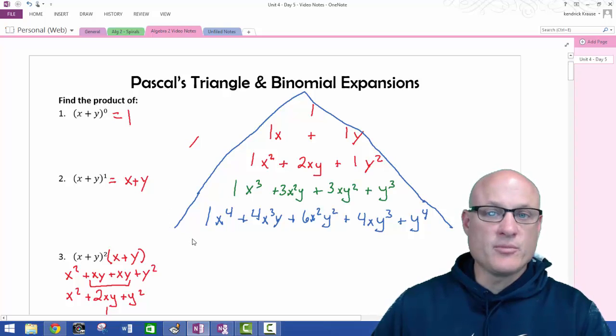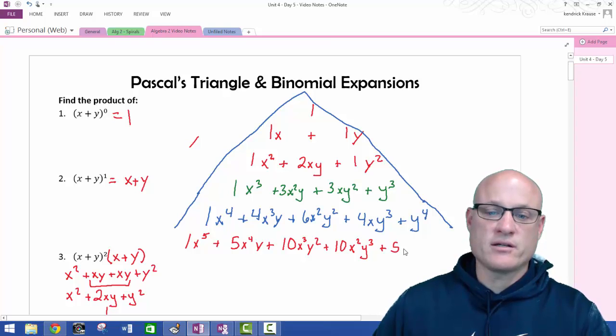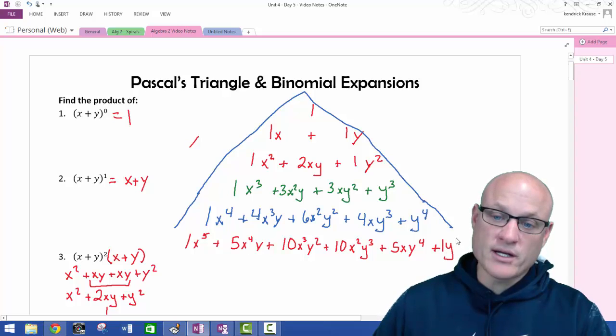So the next row would be, pause now, 1 x to the 5th plus 5 x to the 4th y plus 10 x cubed y squared plus 10 x squared y cubed plus 5x y to the 4th plus y, oops, forgot the 1 y to the 5th.